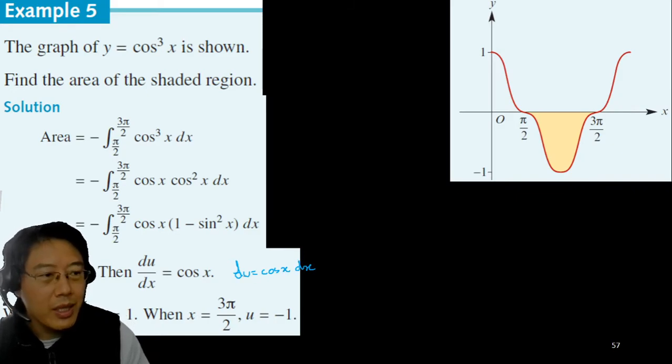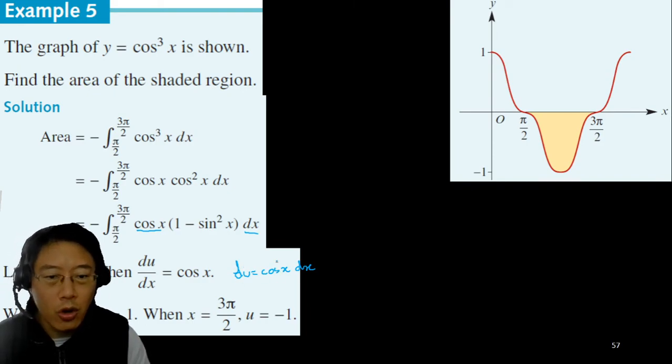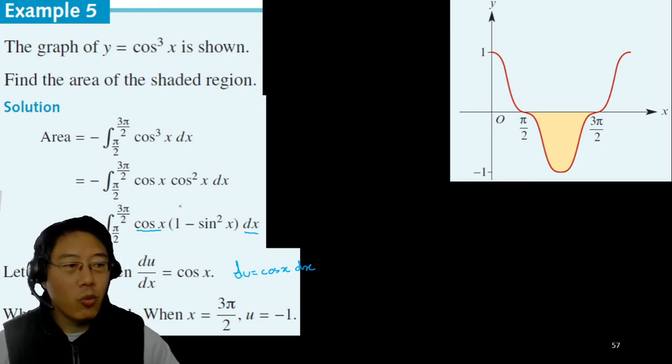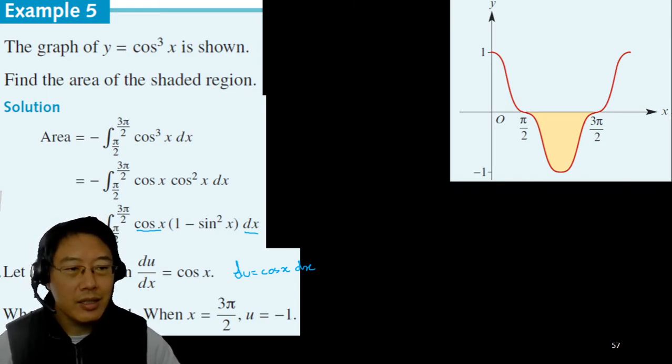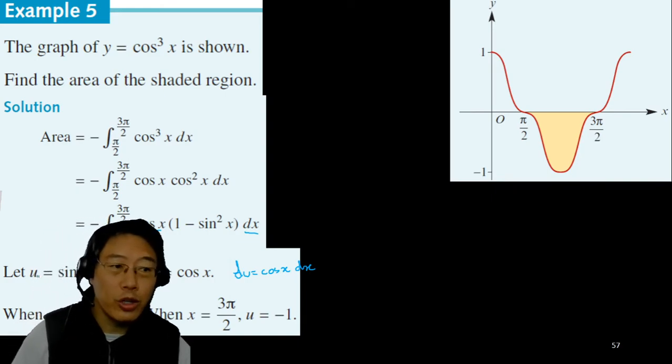What it means is that cos x dx, which is up here, will become du. So now that cos x is getting absorbed into the du, and the 1 minus sine squared of x becomes 1 minus u squared, and is just going to be a polynomial.